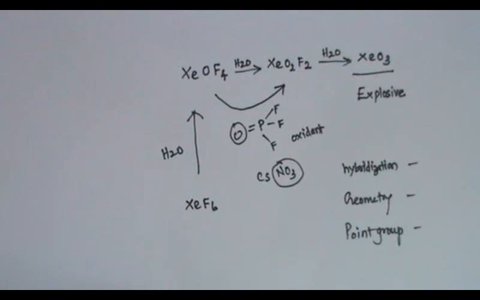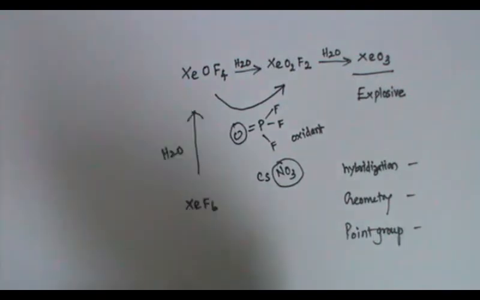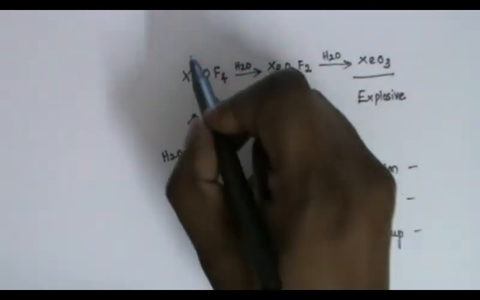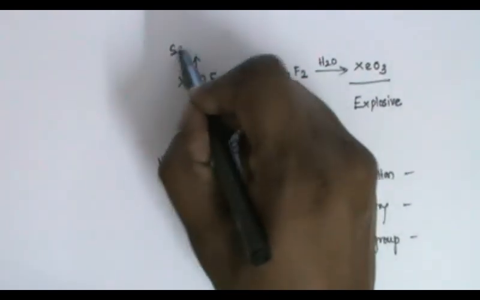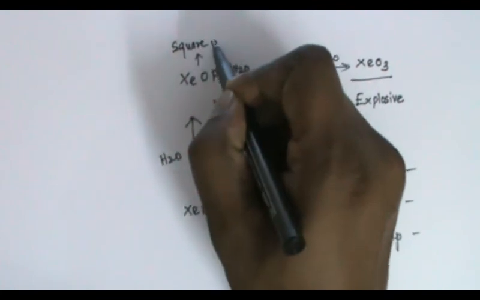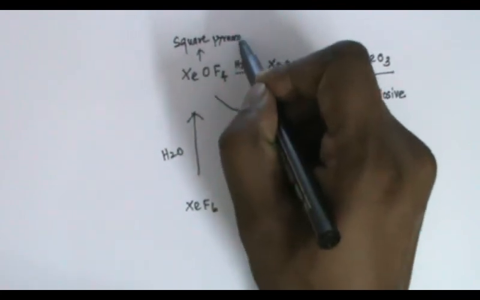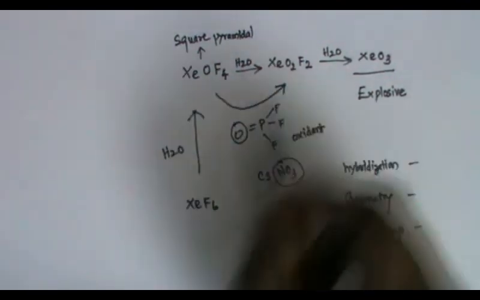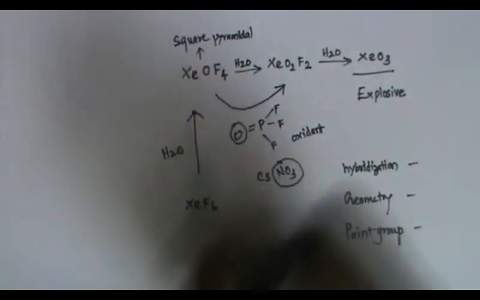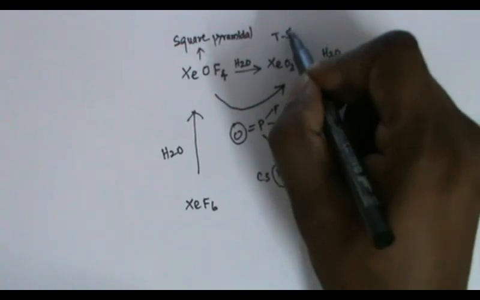If I go for geometry, then it may be somewhat easy. So this will be square pyramidal. So you can predict the point group. This one will be T shape.